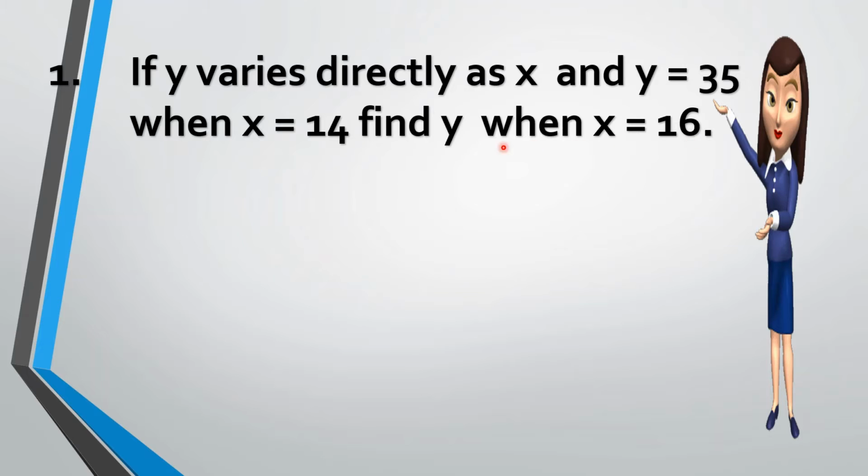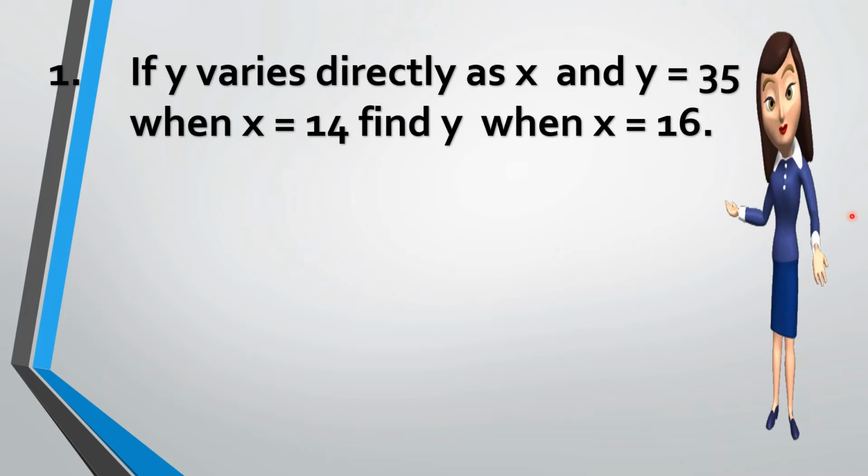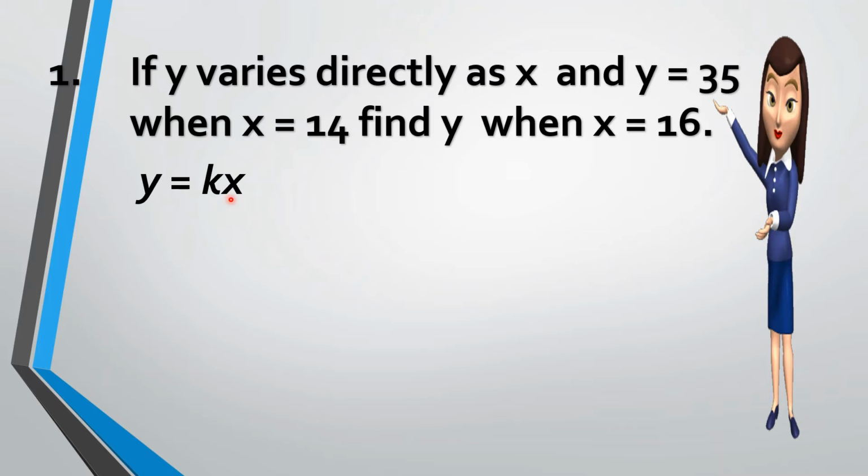The unknown here is y. First, we write this into an equation. The y varies directly as x means y is equal to kx.